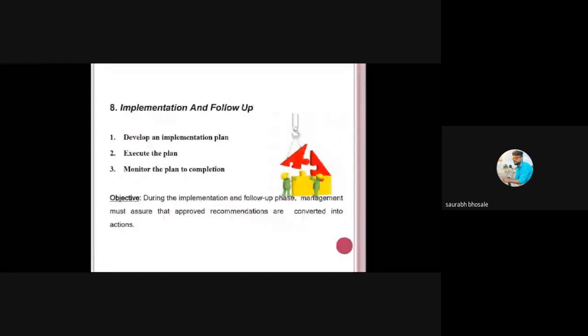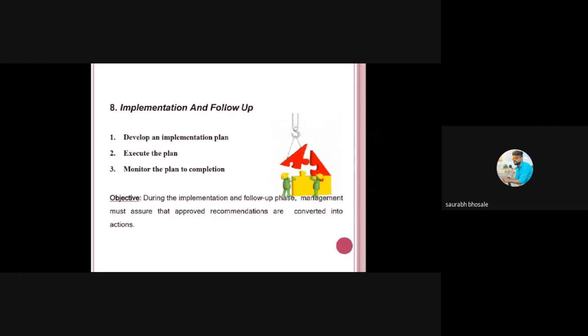Okay, product or services. So during that particular implementation phase, the most important requirement is nothing but what, we have to train the workers. The auditor or the conductor of that particular plan needs to train the employees according to the plan.